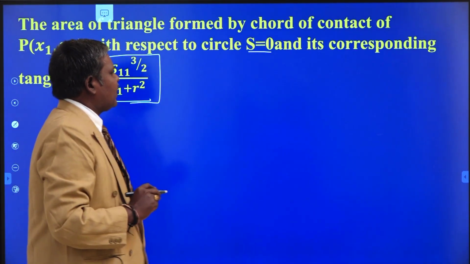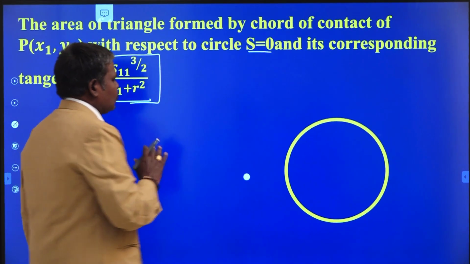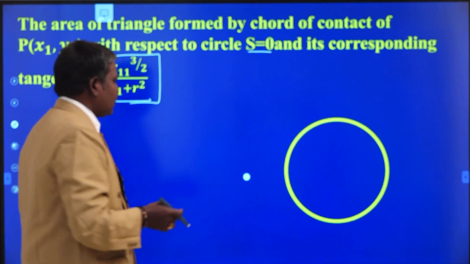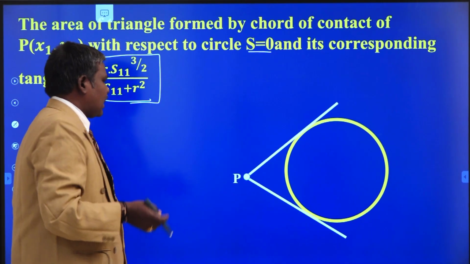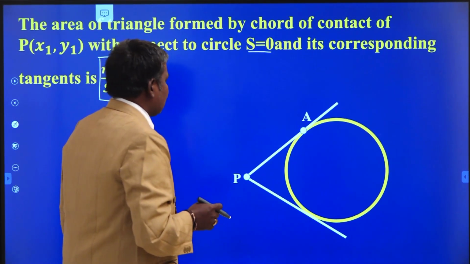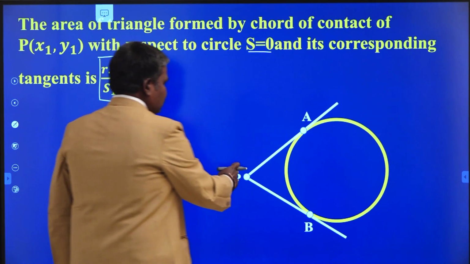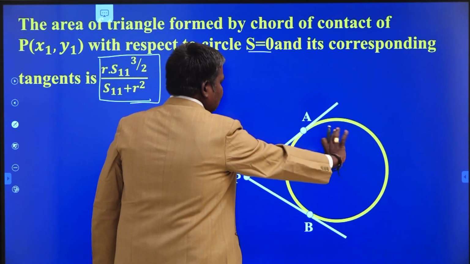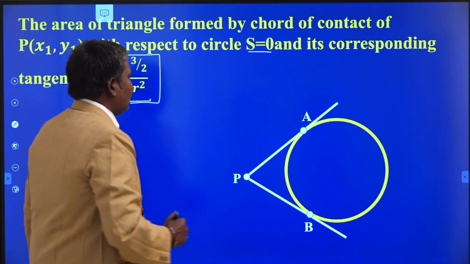Let us try to draw the diagram. This is the circle. This is your point P which is outside. Then only we can draw the chord of contact. Draw the tangents from P to the circle. These are the two tangents. They touch the circle at A and B respectively as shown in this figure. What is the chord of contact?